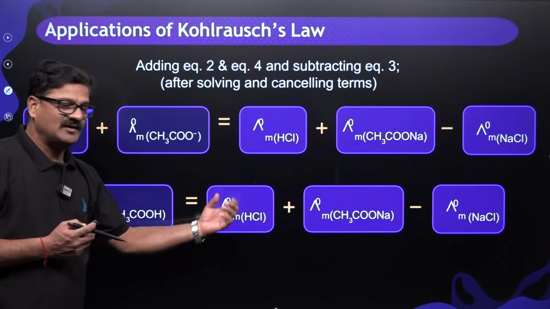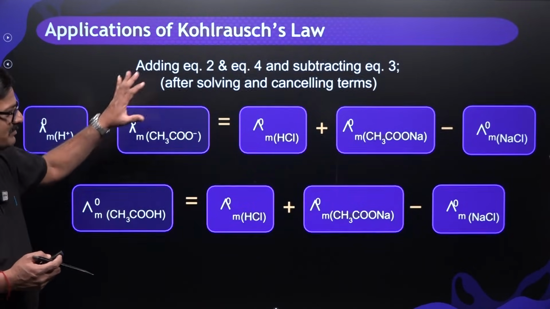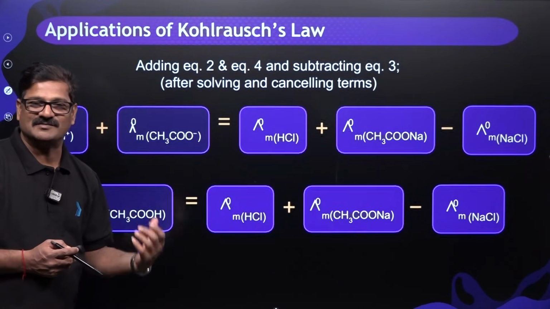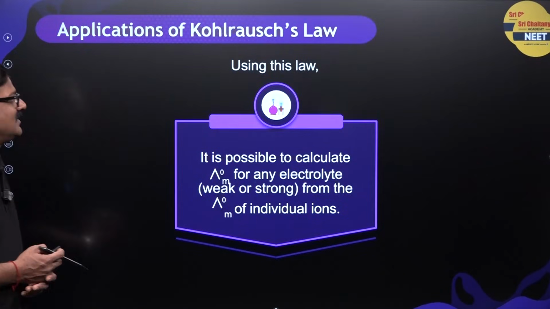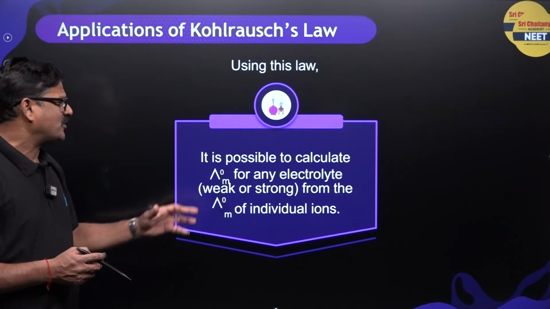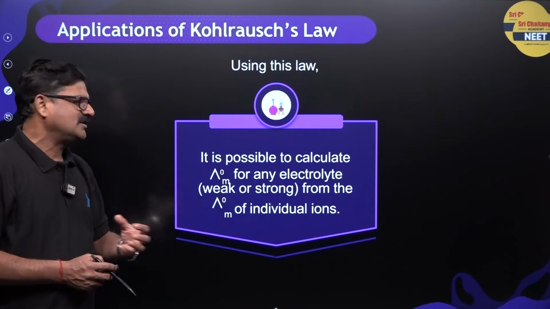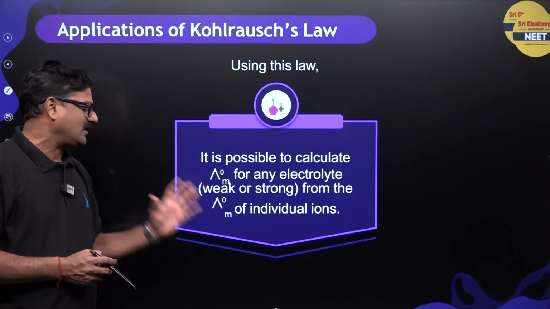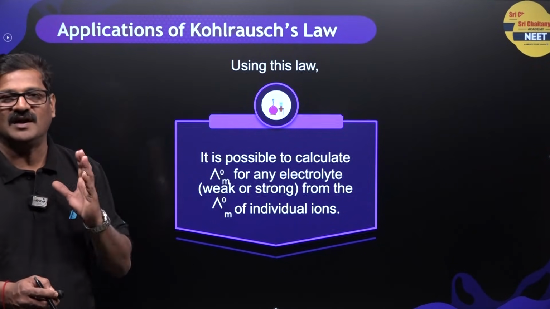So, HCl plus sodium acetate, and subtract sodium chloride. It is the best equation that I can give you to understand the determination of the molar conductivity of a weak electrolyte. And using this law, it is possible to calculate the molar conductivity of an electrolyte, either weak or strong, from the data of the individual molar conductivities of the ions.